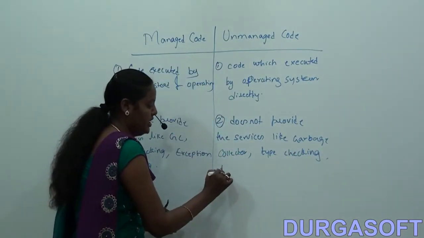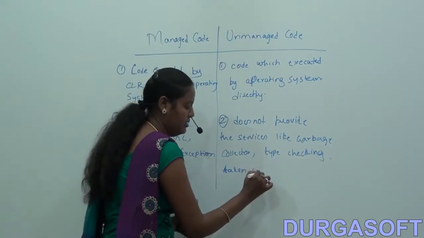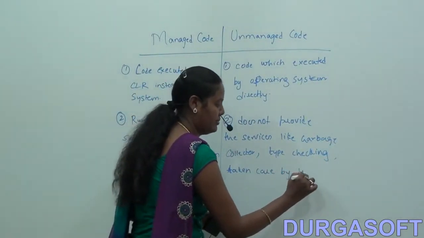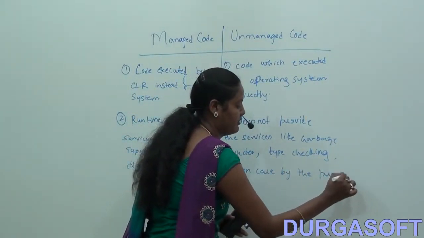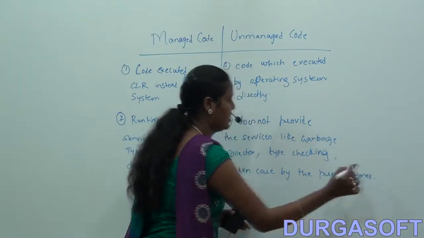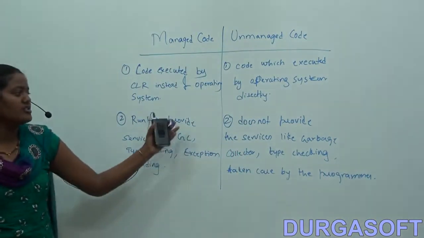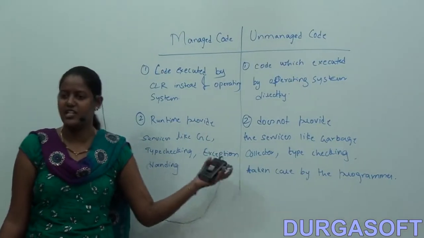All these things should be taken care of by the programmer itself. Unmanaged code does not provide services like garbage collector, type checking.